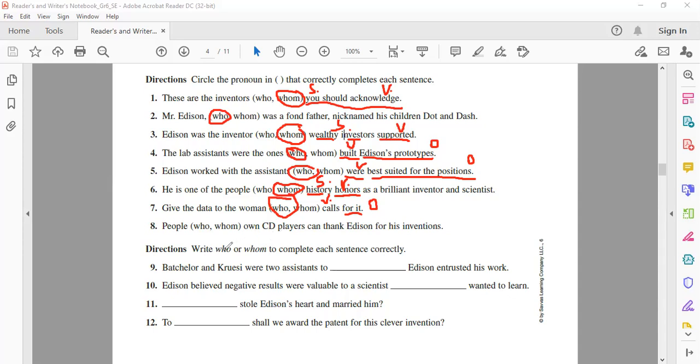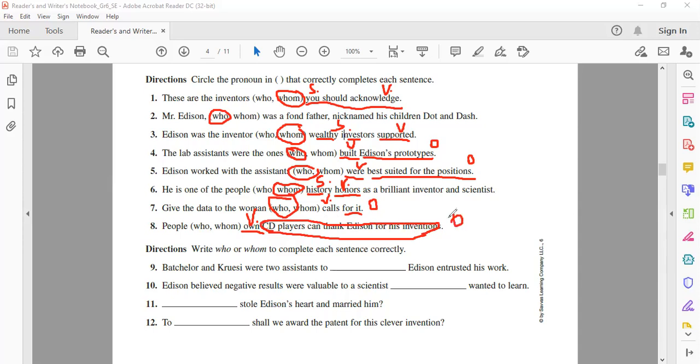The action. Thank. Thank is another verb but it exists inside the object. I need the main verb. People own. So we have the verb own. Own what? CD players can thank Edison. All of this phrase is object.